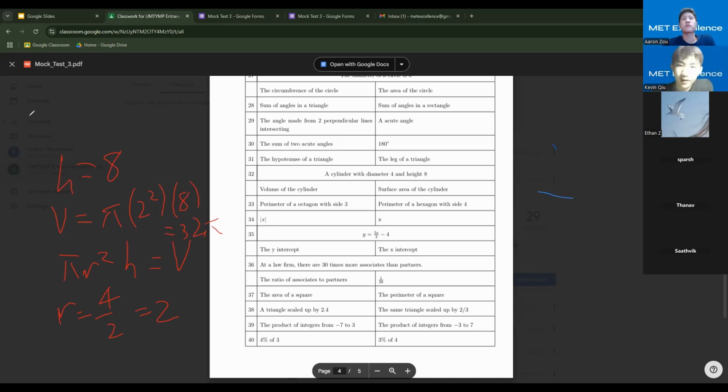On the other hand, surface area, I don't think Aaron covered this, so we'll go over it really quickly. For the surface area of a cylinder, you have to consider three things. A cylinder, first of all, looks like this.